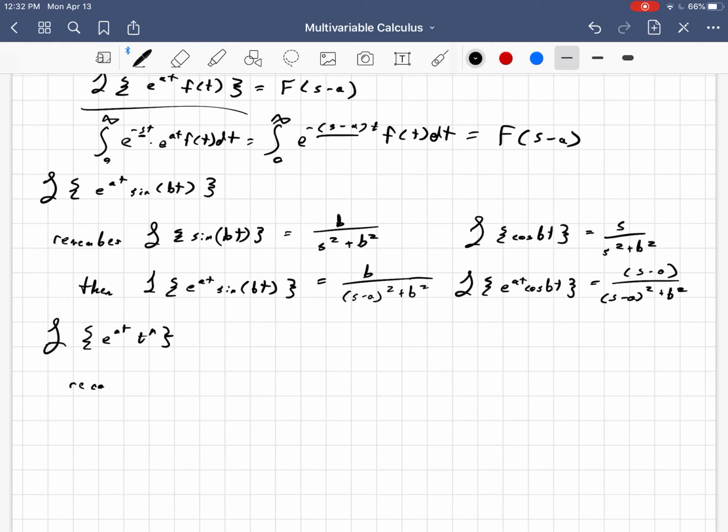Another common one that pops up is the Laplace transform of e to the at times t to the n. So just recall that the Laplace transform of t to the n is n factorial over s to the n plus 1.